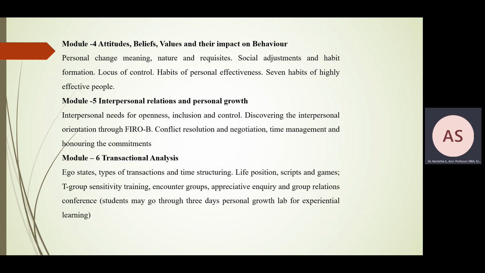Here again, we'll be learning about FIRO-B as well as discovering interpersonal traits. The last module teaches about transactional analysis. Again, we'll be learning about the ego states, how you can interconnect the ego state with your personality and how to improve that, and different terminology such as scripts or games, and the different types of training processes included in the syllabus.